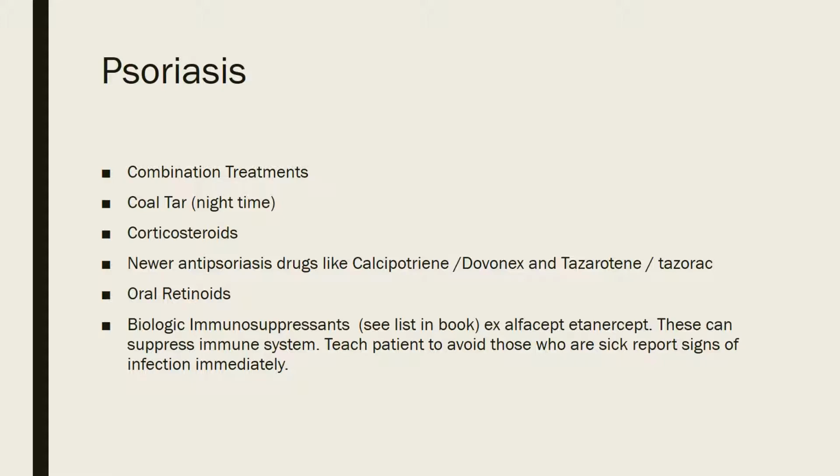Of course, those can suppress the immune system, as you well know, and can cause some serious problems for patients, but it definitely seems to be working with individuals. As a matter of fact, there are some commercials out there these days about treatment for psoriasis. And of course, when we use an immunosuppressant, we have to be sure that we do good teaching and we check the patient out really well before they start that medication.